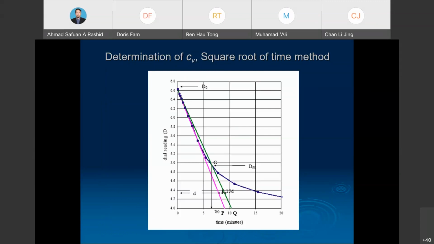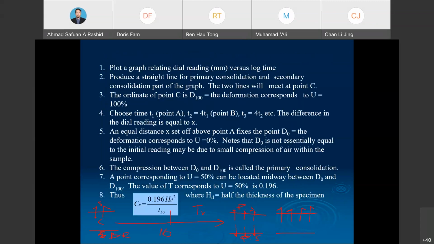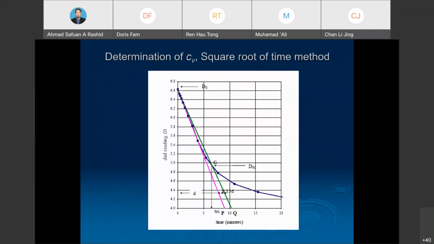This is for the CV by using another approach which is square root of time methods. So kalau sebelum ni kita menggunakan log time methods, now we use the square root of time methods. So this square root of time methods, we use a normal scale. However, for each time that we recorded, we should square root the time value.